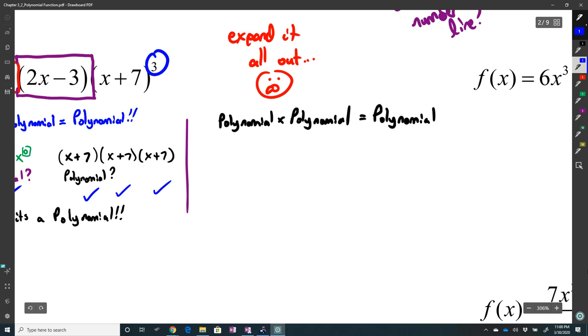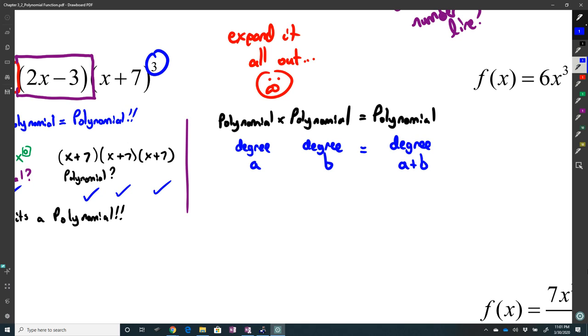But as far as the degrees go, let's say this is degree A. Let's say this is degree B. Then the final polynomial will be degree A plus B. You just add the exponents.